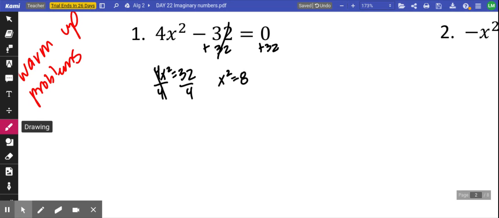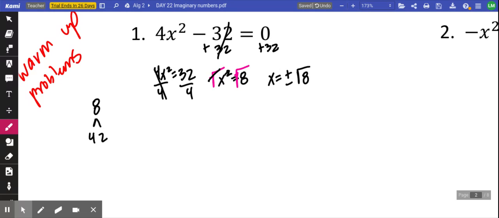And we undo that square by taking a square root of both sides. So I get x equals, now remember, anytime you take a square root of both sides, you get a positive and a negative. Don't forget that plus or minus square root of 8. All right. Simplify that radical though, okay? We want to take a look at this 8 and see if there's any perfect squares, any groups of 2 that I can pull out.